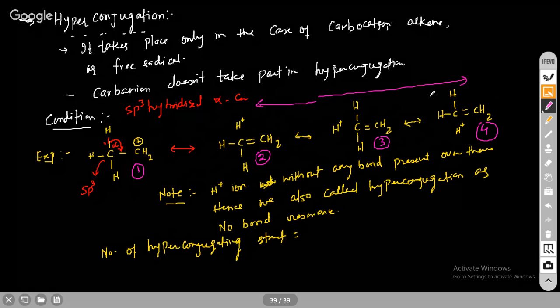These three structures you see are because of these three hydrogen atoms, which is the number of alpha hydrogen atoms. So the formula for the number of hyperconjugating structures you can write as number of alpha hydrogen plus 1.